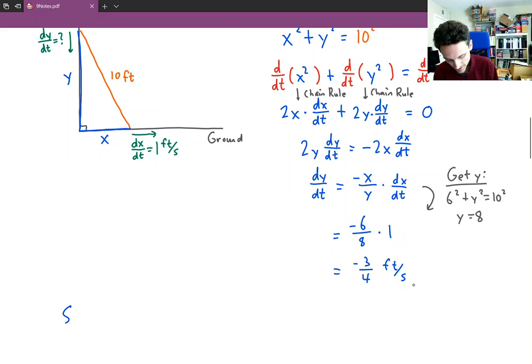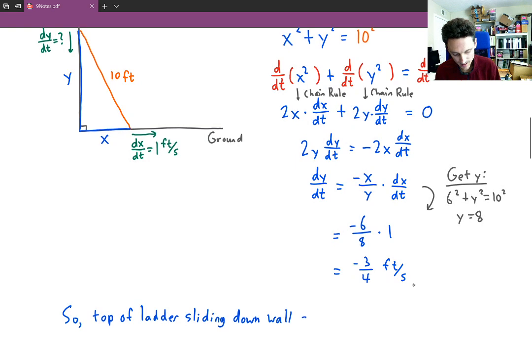So I'm going to write that as a sentence. So the top of the ladder, or more or less a sentence, is sliding down the wall at a rate of 3/4 feet per second.